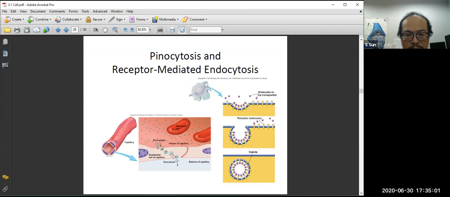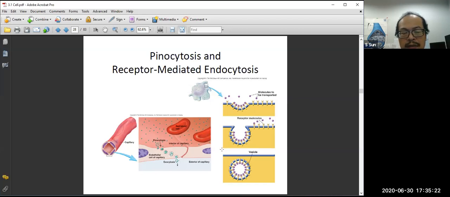Another example is here, where substance can move from the blood vessel, from intracellular, into the interstitial fluid. So these are receptor-mediated endocytosis.